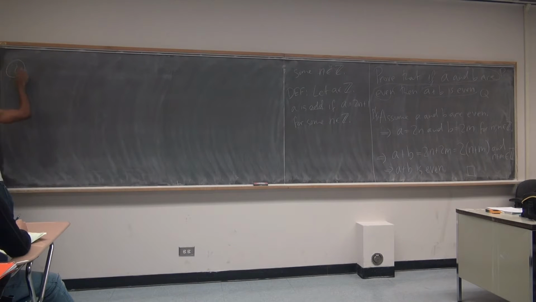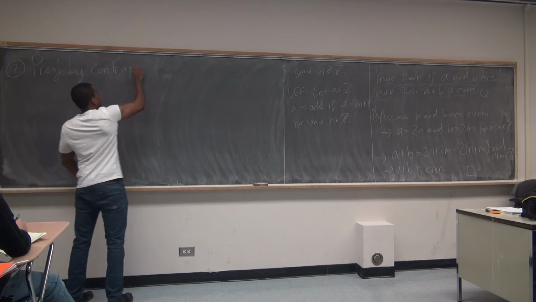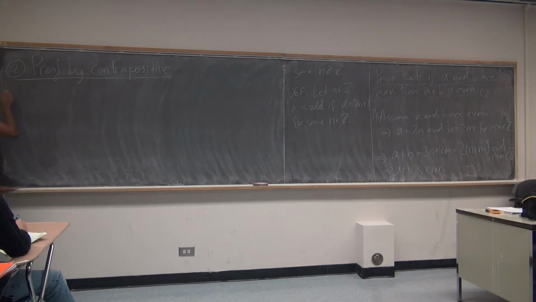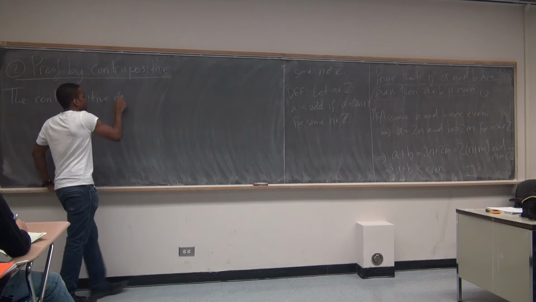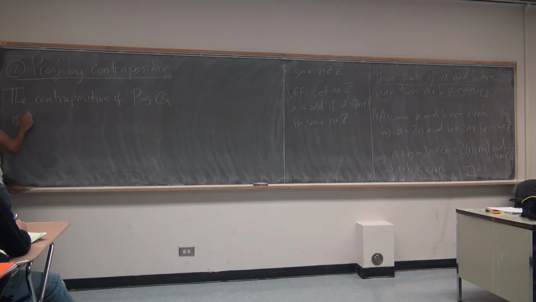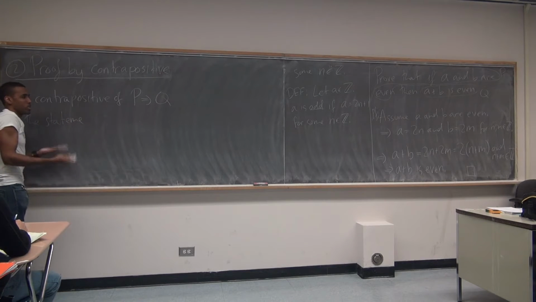Another technique is called proof by contrapositive. The contrapositive of P implies Q is the statement not Q implies not P. I actually don't know why they call it a contrapositive, but that's what it's called.